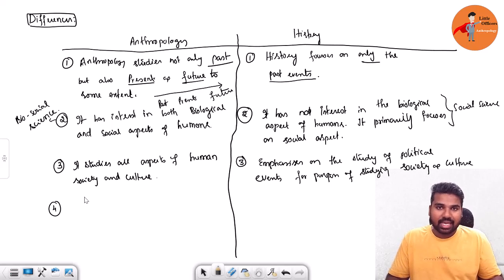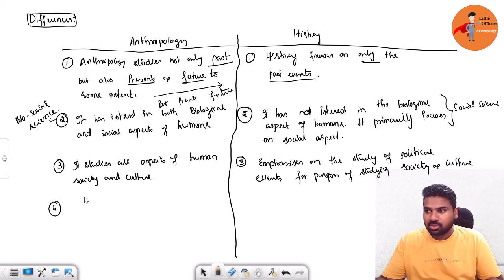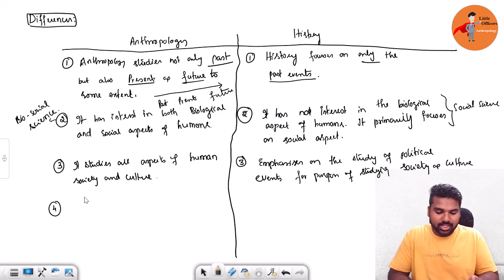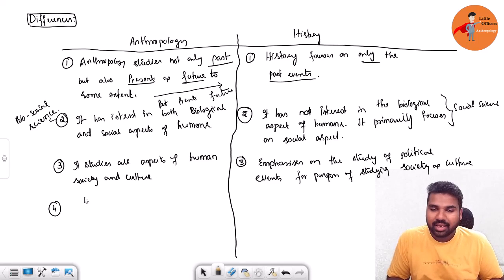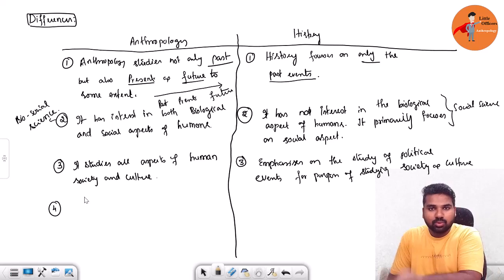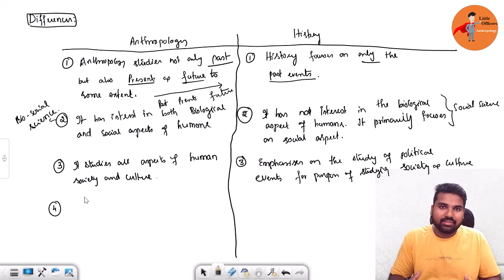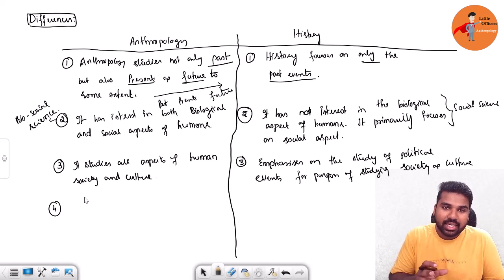They sit in their cabins and they get the books and records written by different persons, travel logs and all. They start compiling them. They start looking at the chronological events and they take the evidences from 1, 2, 3, 4 sources and then validate. They put them in the chronological order. This is the work done by the historians. But anthropologists don't sit in their cabins; they move out into the field, find the evidences, get the data, and then they process this data. So that is another one.